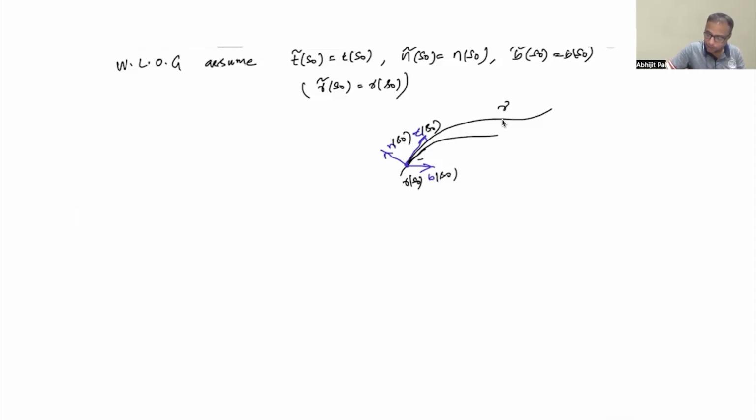So this is gamma, and this is gamma tilde. Let us take this point here, gamma tilde S, and gamma S, this point here. Now at this point, again you have the tangent vector T of s, this normal vector and this binormal vector.